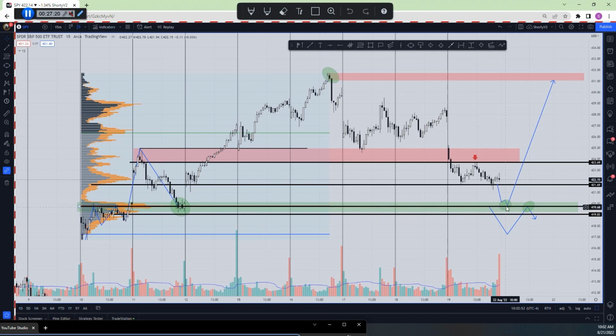What do you think he's going to be doing right here, all the way from here to here? What do you think he's going to do at this level? Well, he has to cover his shares because he knows there's a lot of buyers at the 420 level. So he's going to become a buyer too. He's going to buy the shares back and it's going to help drive this process higher.